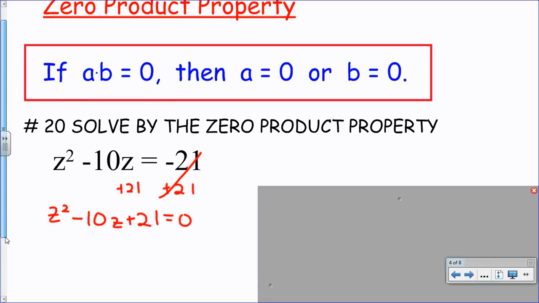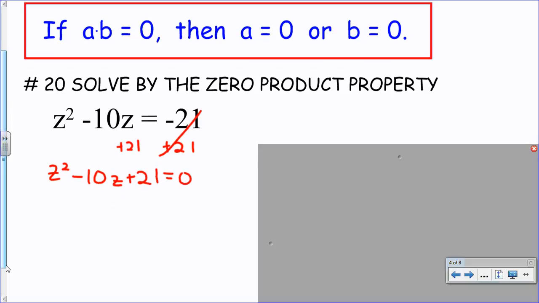And then I want to try to factor this trinomial. So it has to be z and z. And I want to multiply to be positive 21. So it's either going to be 2 positives or 2 negatives. I want to add to be negative 10, so I'm thinking 2 negatives.